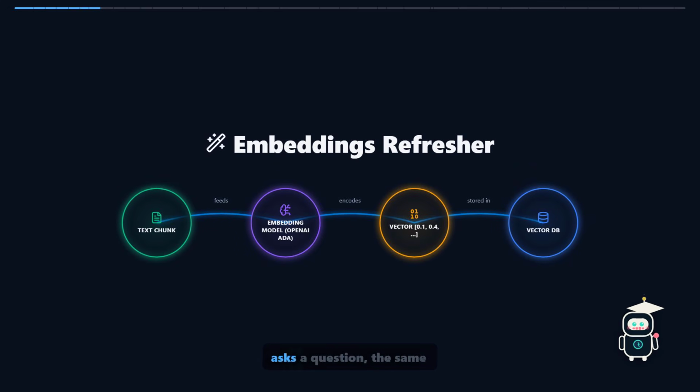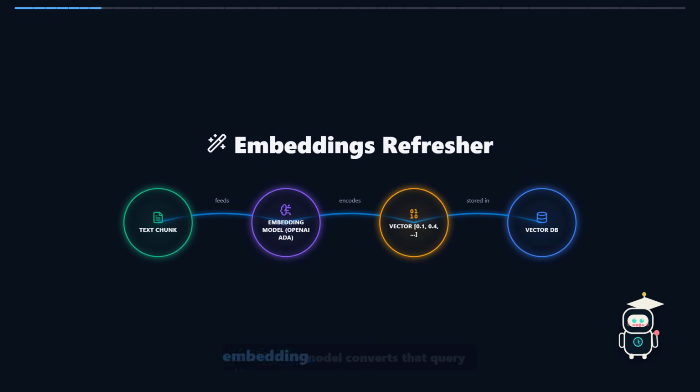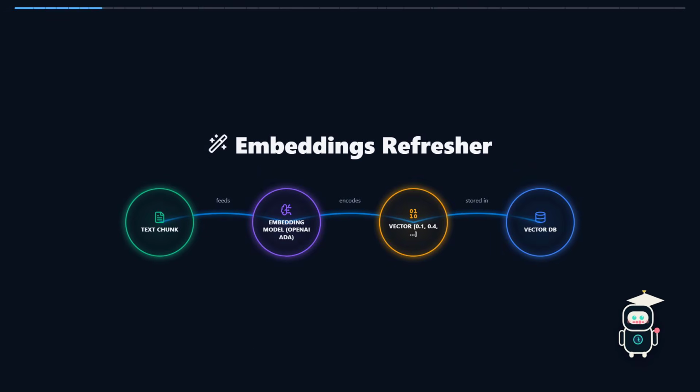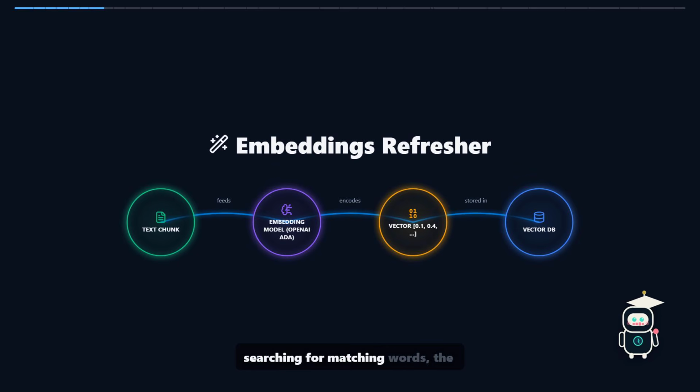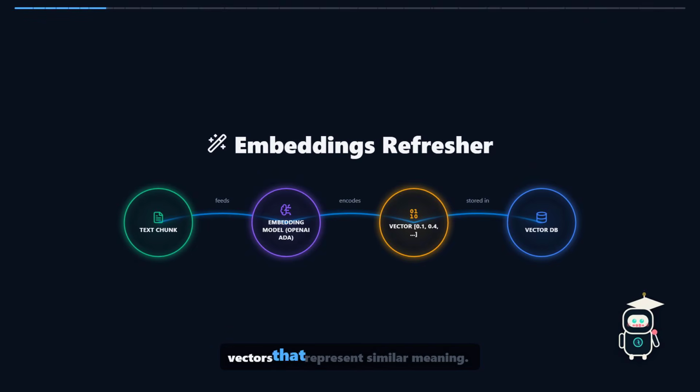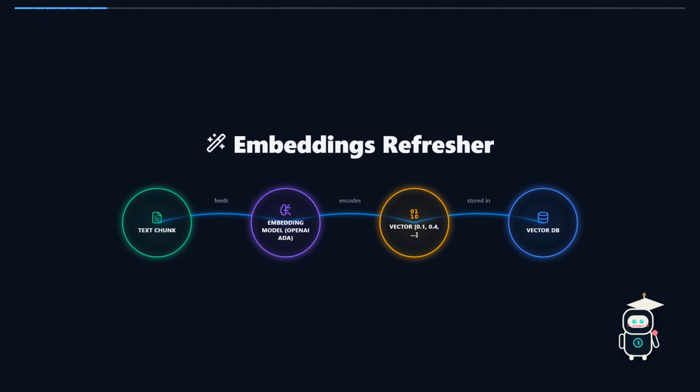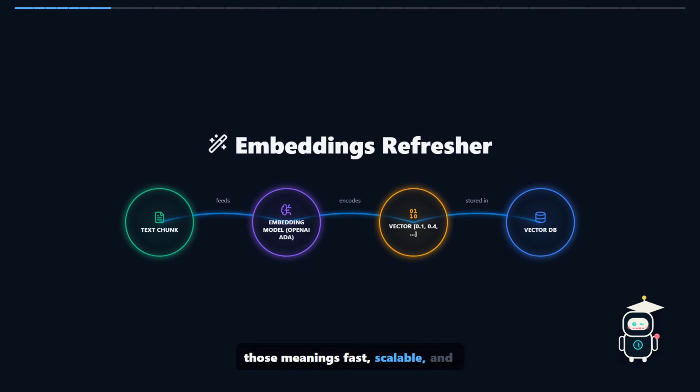When a user asks a question, the same embedding model converts that query into another vector. Instead of searching for matching words, the vector database searches for nearby vectors that represent similar meaning. Embeddings give the data meaning. The vector database makes searching those meanings fast, scalable, and practical for real-world AI applications.